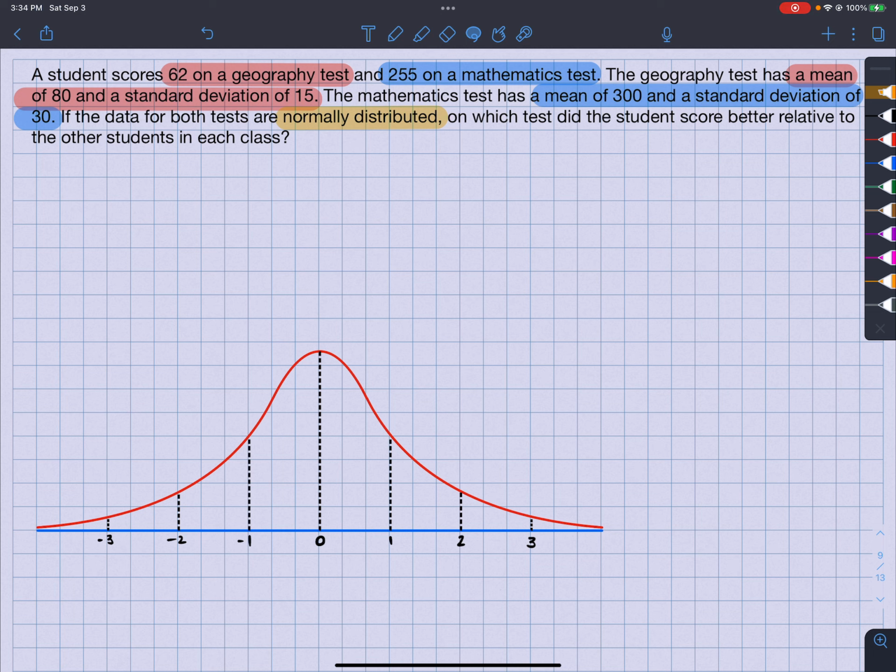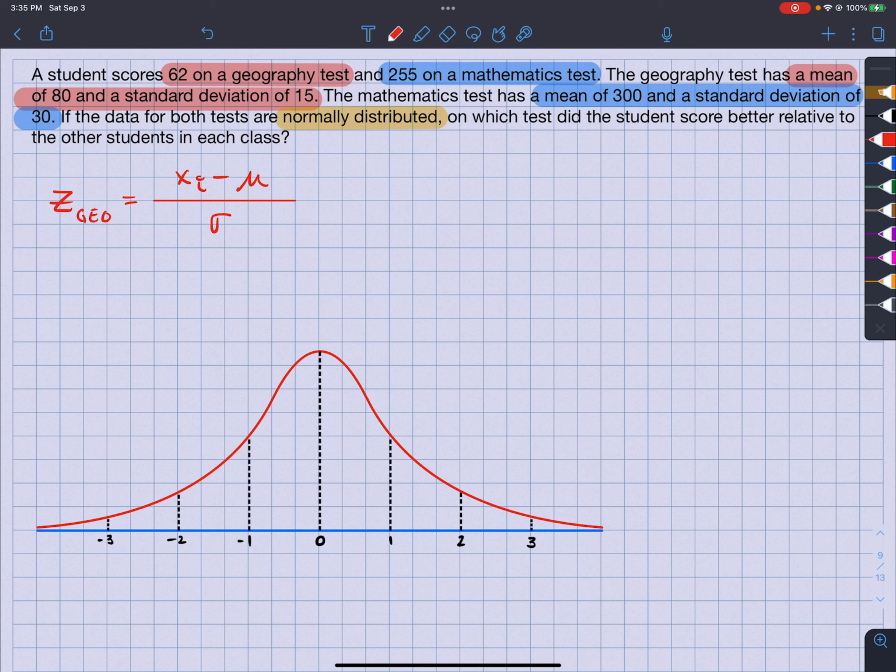So in other words, I'm going to have to find the z-score of this geo test, and that's going to equal, what is z-score? I can't remember. Oh, that is where I have my x minus the mean divided by the standard deviation.